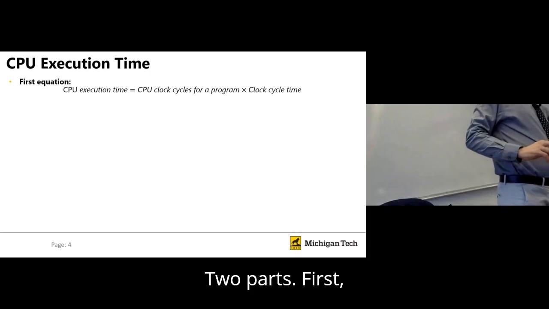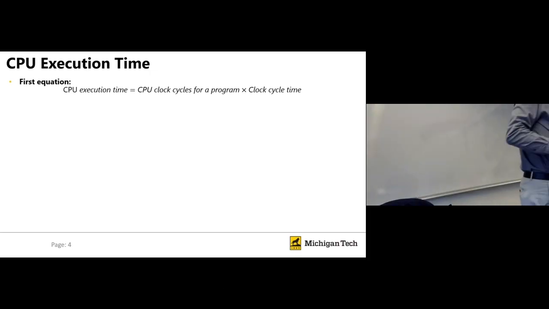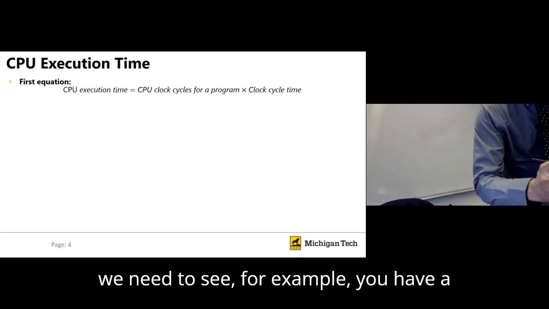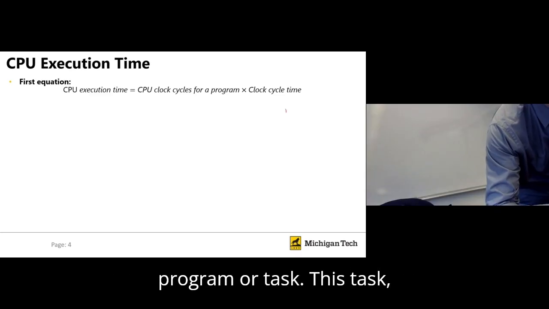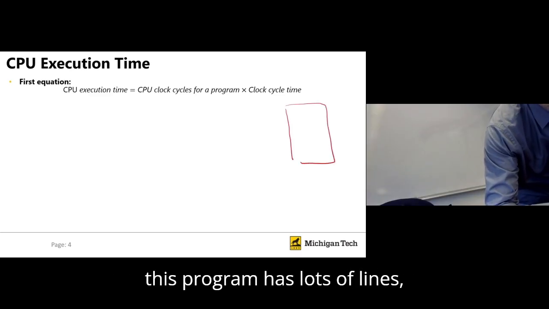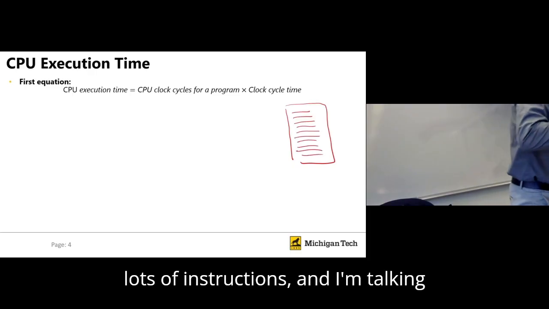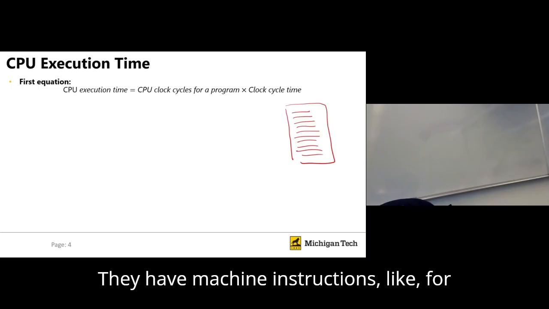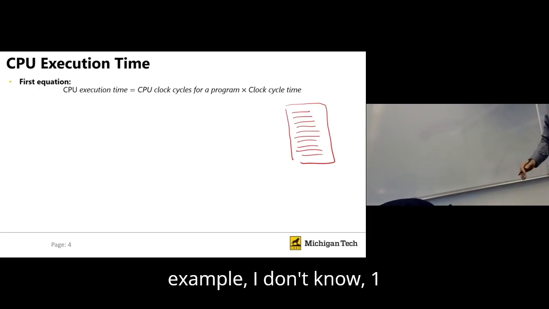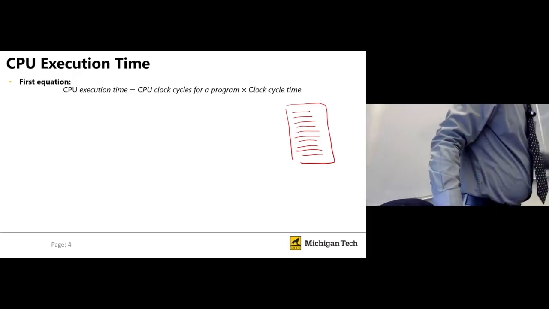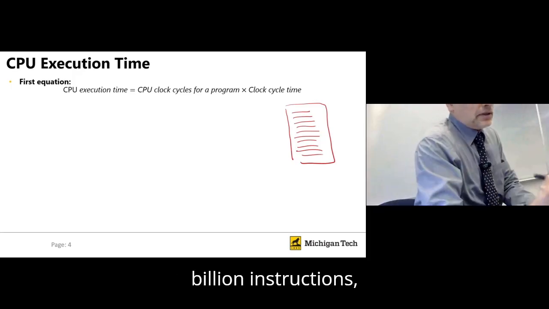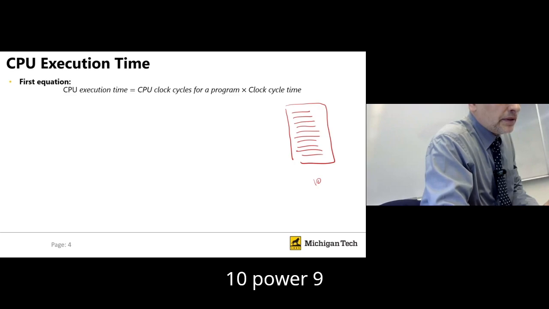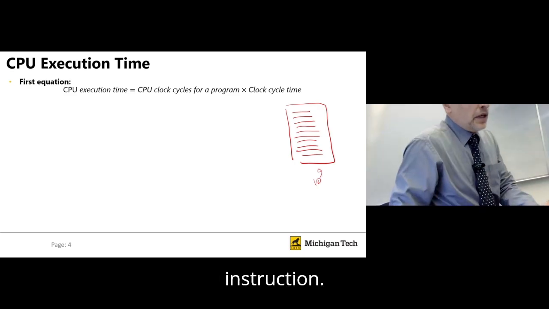two parts. First, for example, you have a program or task. This program has lots of lines, lots of instructions. When I'm talking about instructions, I mean machine instructions. They have machine instructions, for example, 1 billion instructions, 10 power 9 instructions.